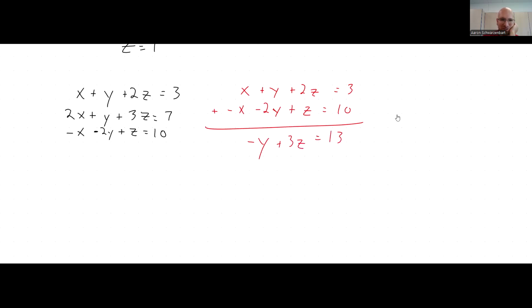I have to then choose 2 other equations, and I need to make sure I eliminate x. So I'm going to multiply equation 1 by negative 2. I could multiply by negative 1 and eliminate a y, but that doesn't help me.